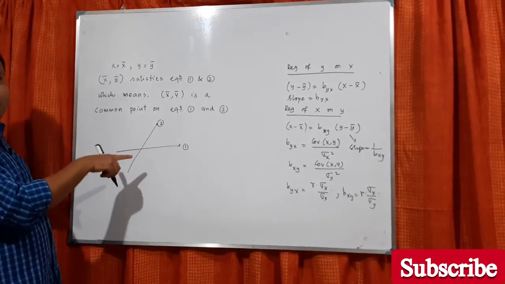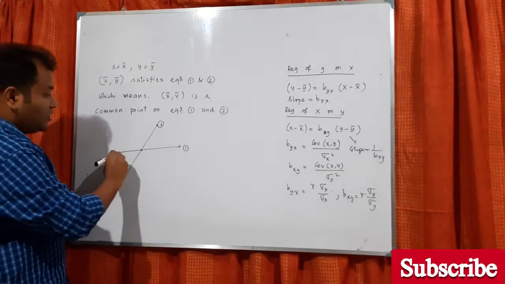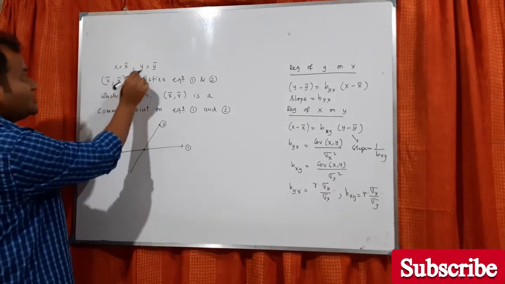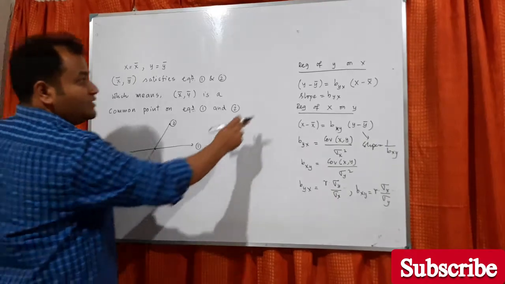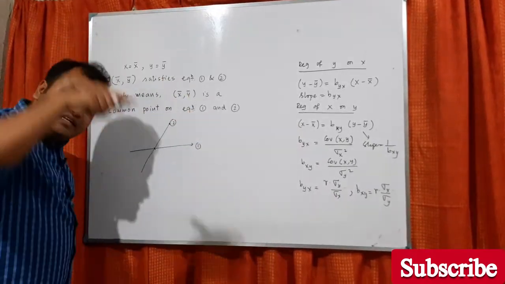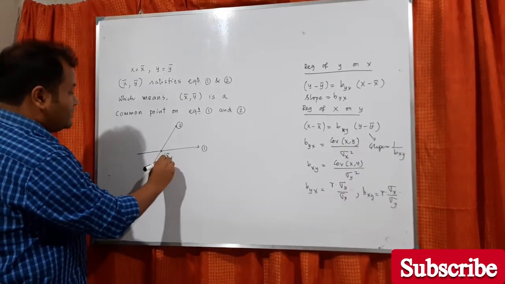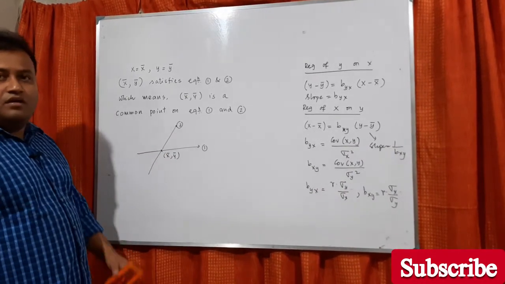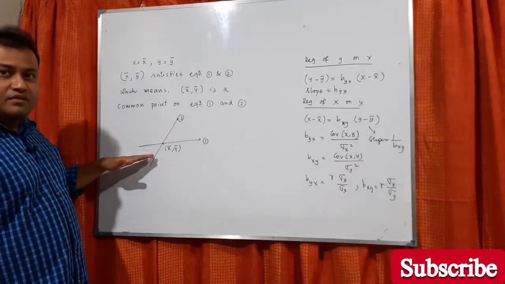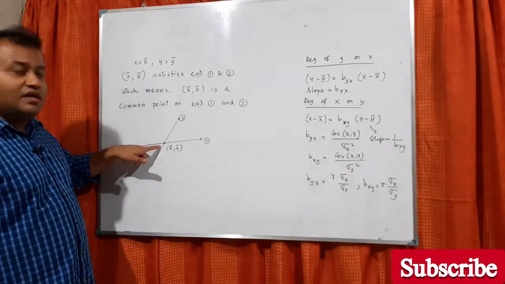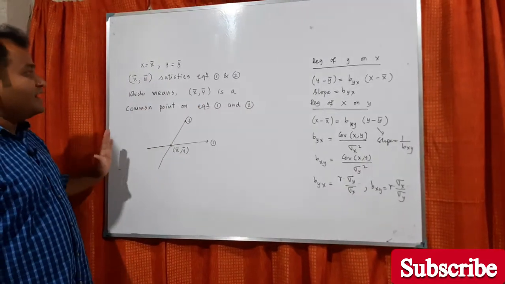If I ask what is the common point of these straight lines, the answer will be this one. Common means which will be on 1 and on 2. So x bar y bar is such a point. So these two lines must intersect, that is, they have a common point, and the common point is x bar y bar. This is one important fact.